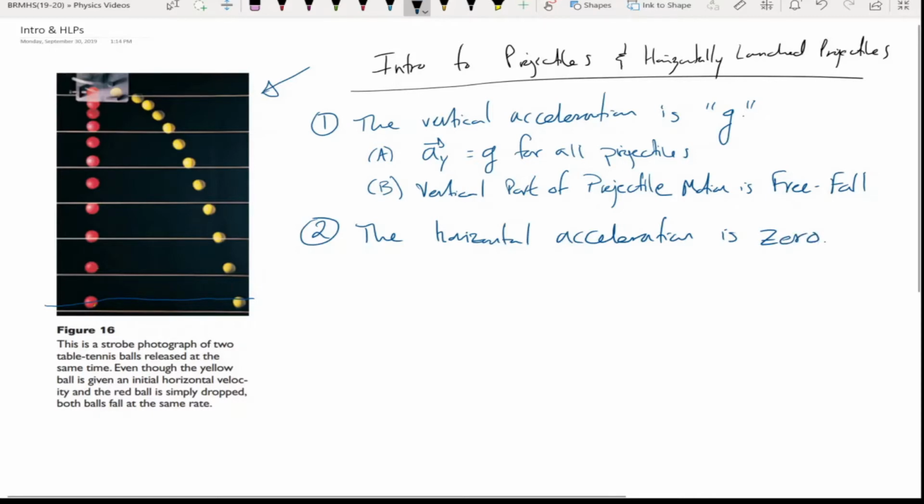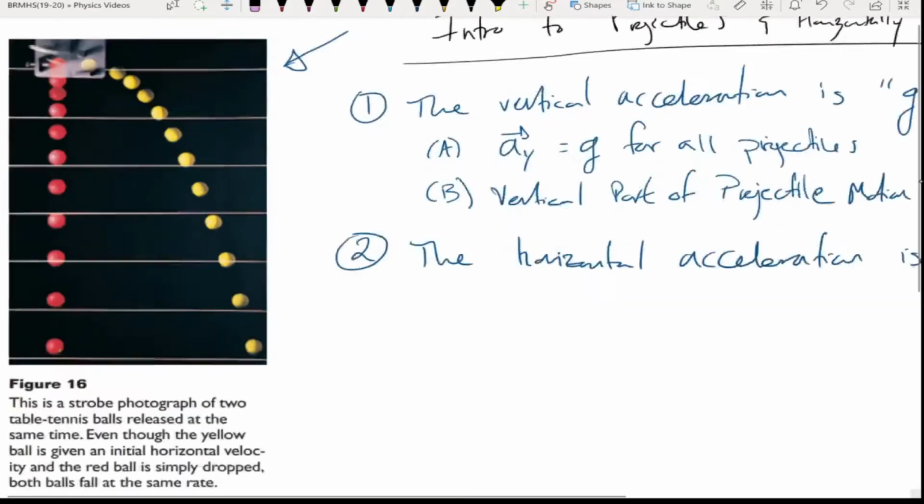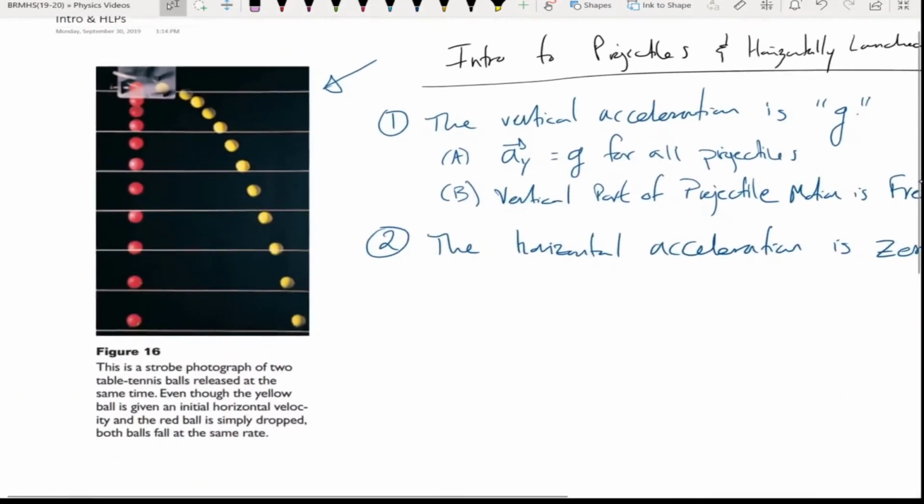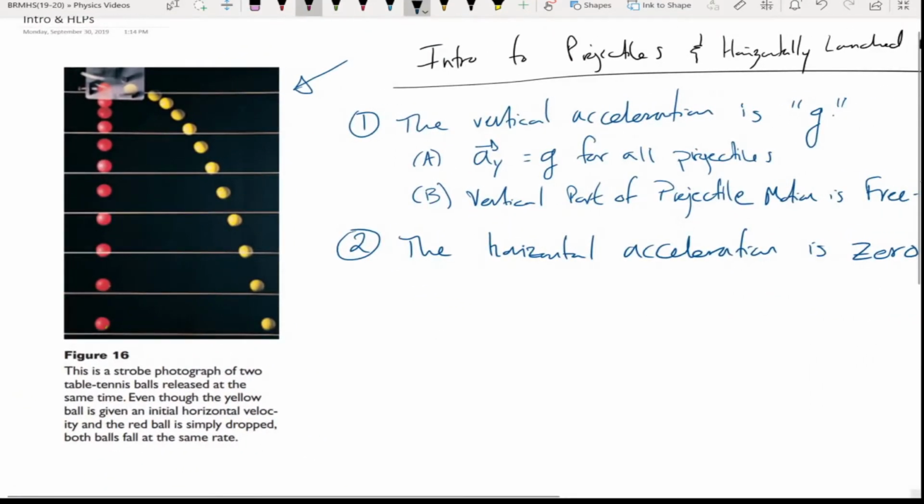Okay, so let's look at the horizontal movement of the yellow ball over here. I'll make it in pink. So it moves this far, then it moves this far, then it moves this far, then it moves this far. It's moving the same horizontal distance for each time interval. So that means that it's dots, essentially.